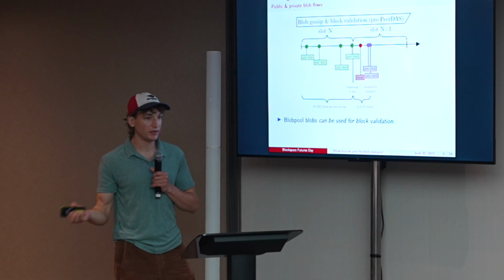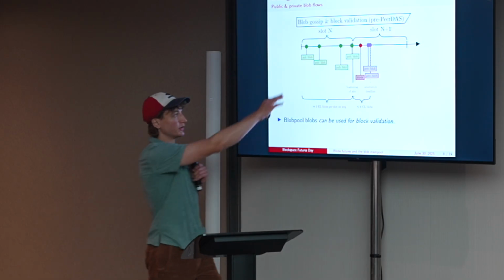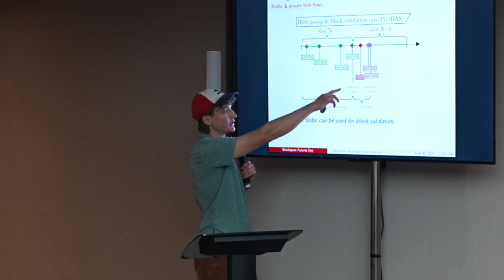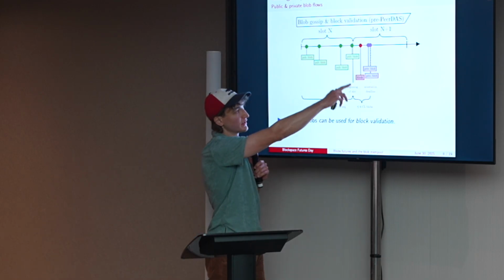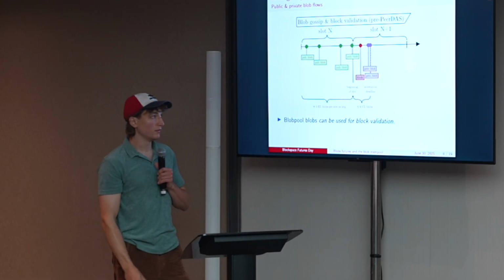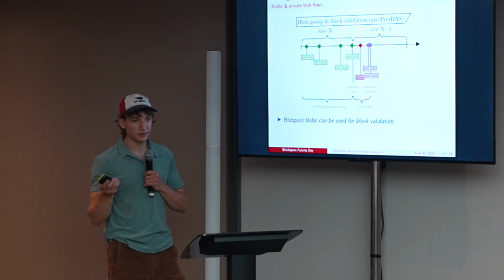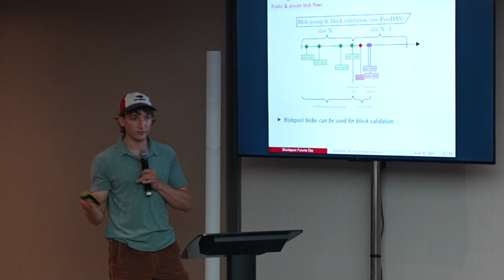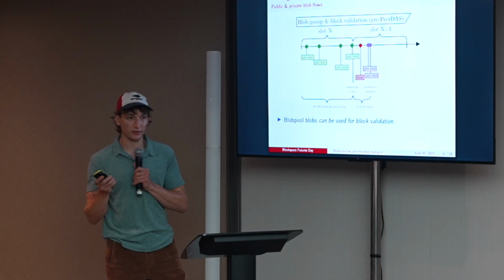And a really important thing here is that blob pool blobs, so these green blobs, can be used for block validation, right? So if this block includes 6 blobs, the 4 green ones and the 2 purple ones, then they don't have to re-download the 4 green ones when they're doing block validation, because they already got those from the execution layer. So there's this nice synergy between the execution layer and the consensus layer.